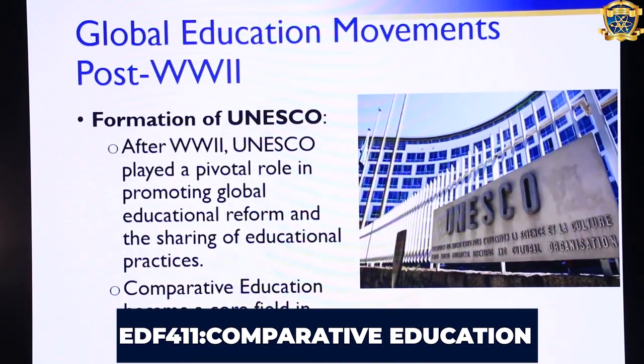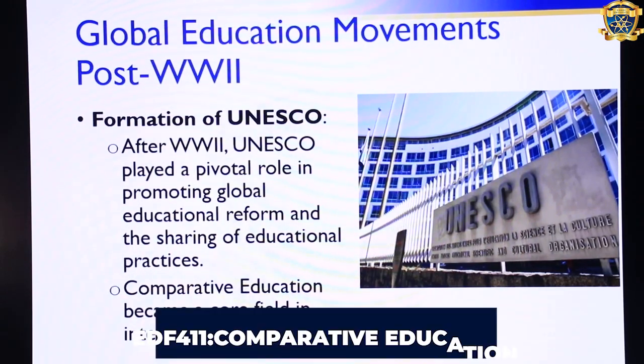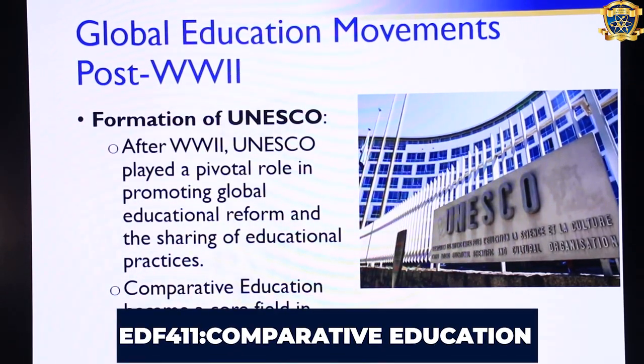A little bit about global education movements after World War II. What happened after the Second World War? It was one of the most significant periods in the history of humankind, because it completely reshaped education worldwide.